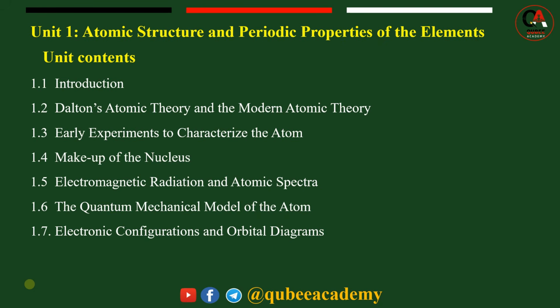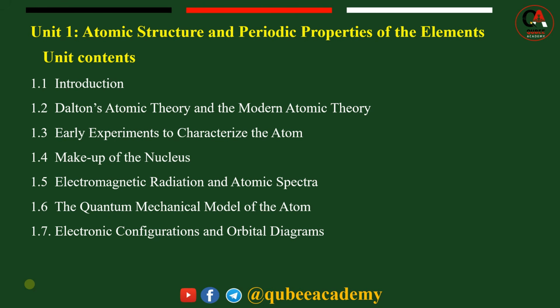So under this chapter here are the contents you are going to deal with, like that of introduction parts, Dalton's atomic theory and the modern atomic theory, Euler experiments to characterize the atoms, makeup of the nucleus, meaning what the nucleus consists of, electromagnetic radiation in atomic spectra, quantum mechanical model of the atom, and electron configuration in the orbital diagrams are the main contents we are going to deal with in this chapter.